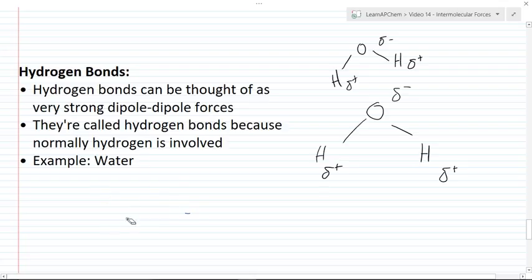So take, for example, H2S, because I have sulfur, which is pretty electronegative, that's going to have hydrogen bonding.